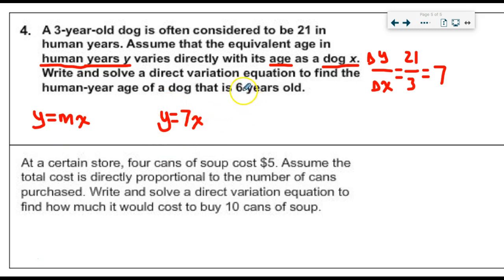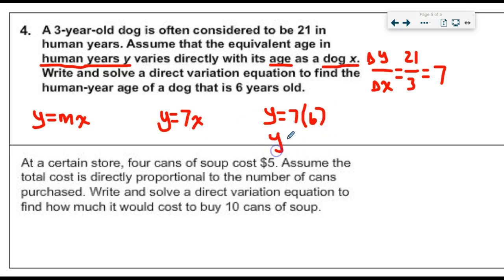How old is a dog that is 6 years old in human years? Okay, again, y represents human years. I found that right there. X represents dog age. So I'm going to simply substitute 6 in for x. Y equals 7 times 6. We're just going to substitute 6 in for the x.